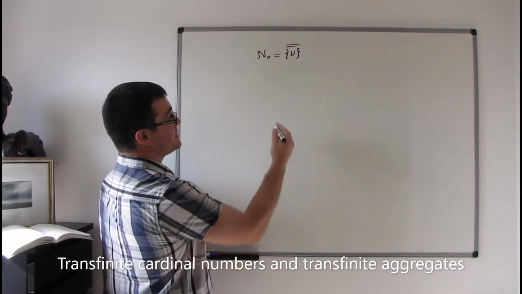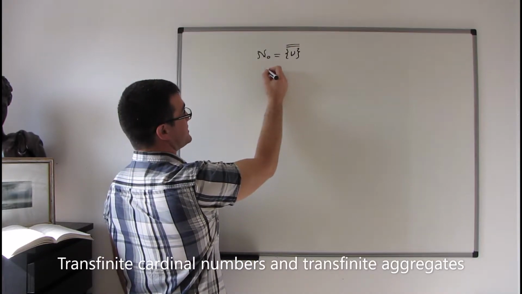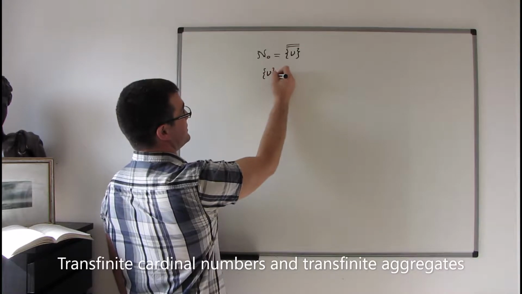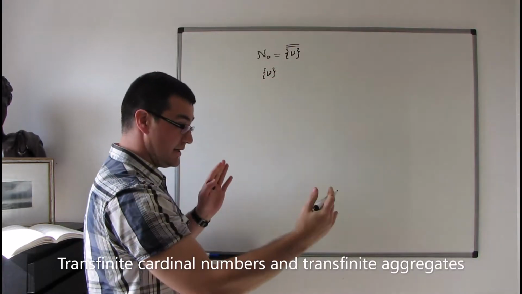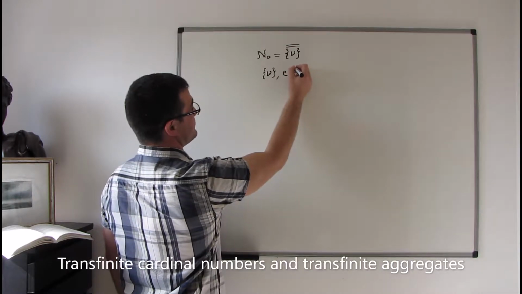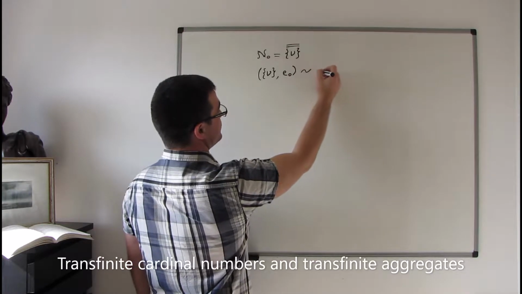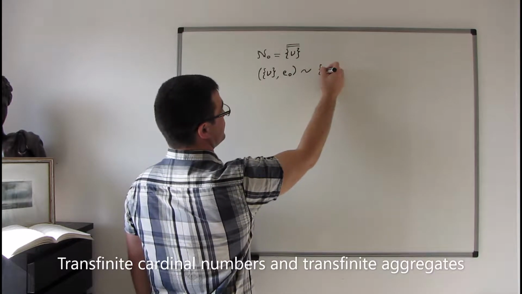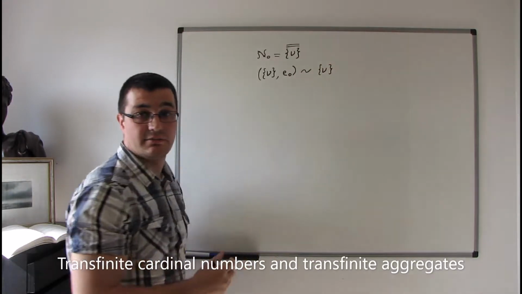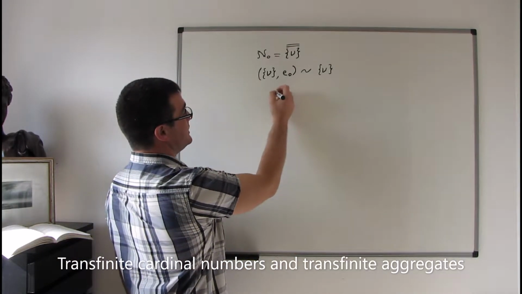And this is fairly easy to show because if we take now the aggregate of all of the finite cardinals and then just stick another element in there, then this is equivalent to the aggregate of all of the finite cardinals, and this is not difficult to see at all.